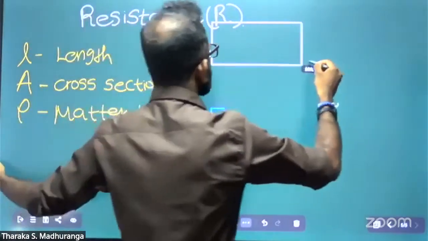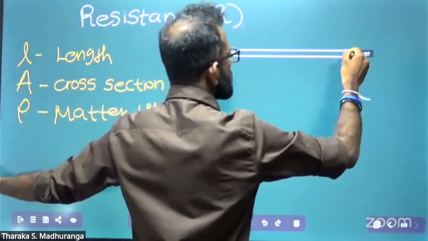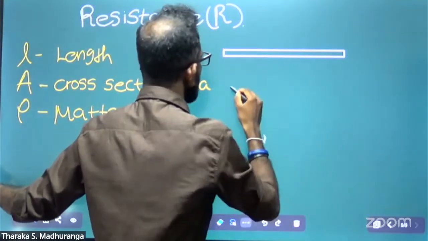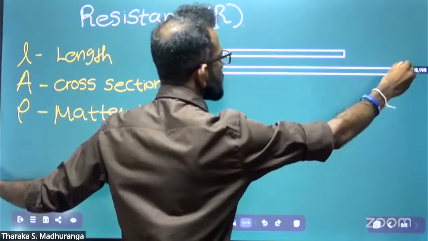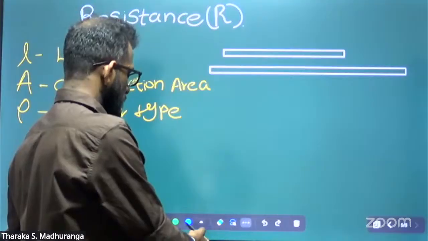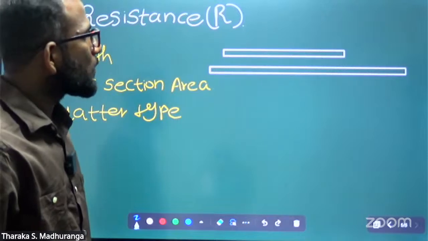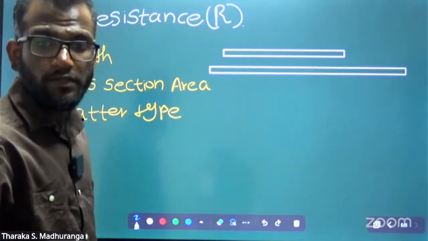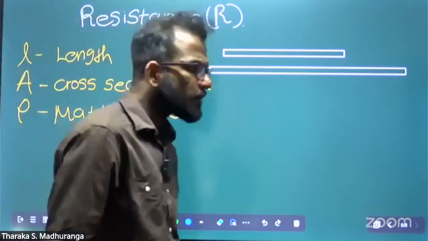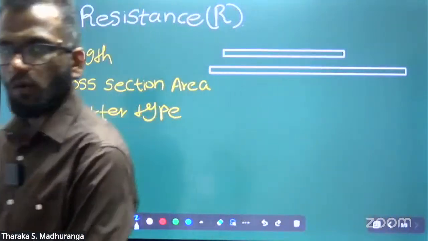This is one conductor. This is another conductor. Length is increasing. What happened to the resistance?